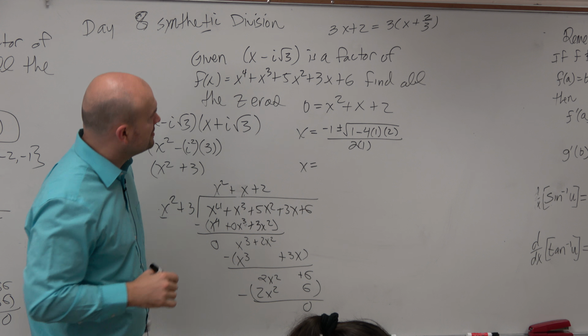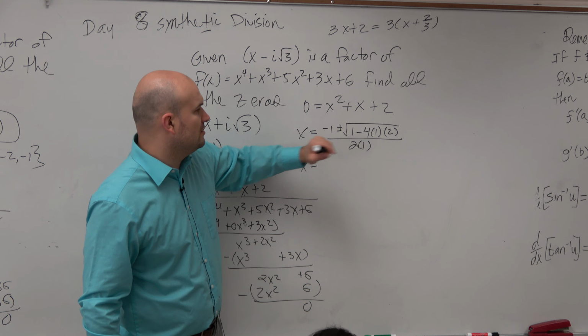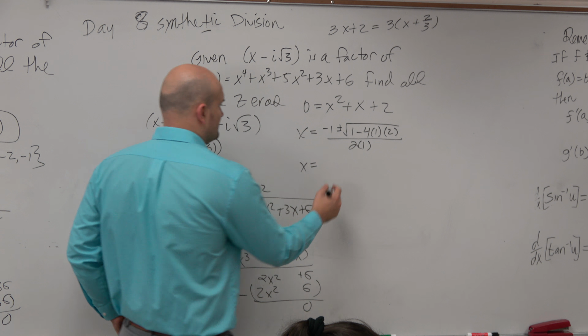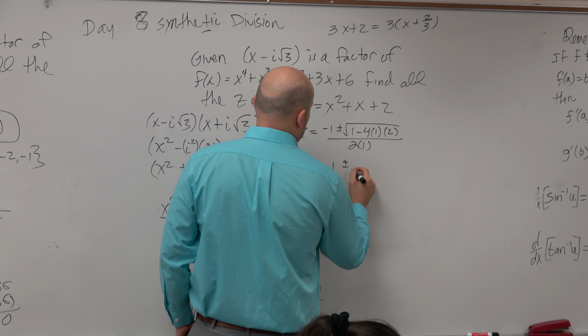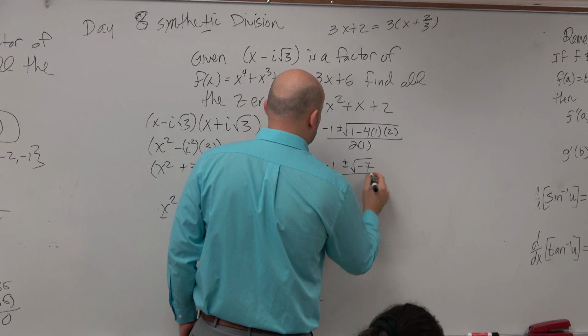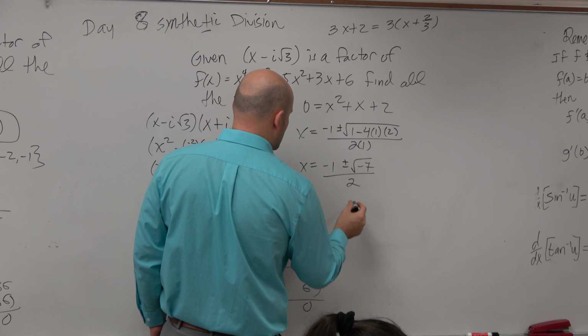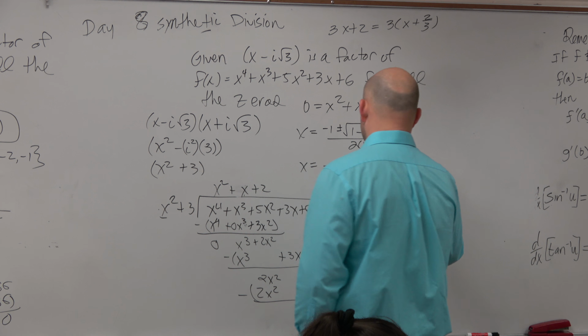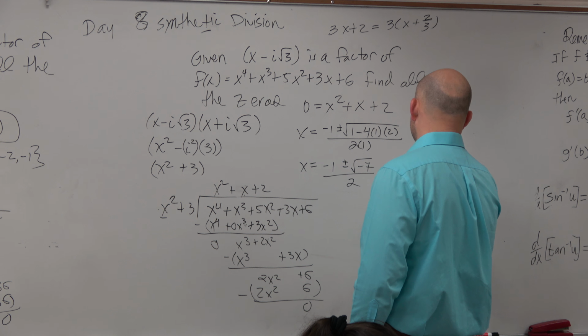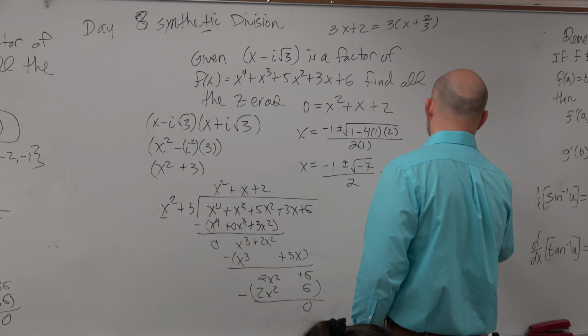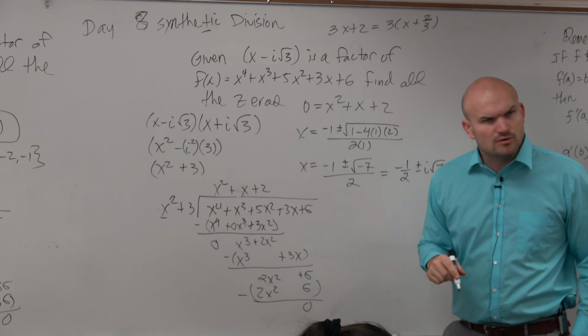So x equals, let's see, that's going to be 4 times that's going to be negative 7. So therefore, I can rewrite this as, let's do it over here, negative 1/2 plus or minus i square root of 7, over 2. Whoa, this is kind of cool.